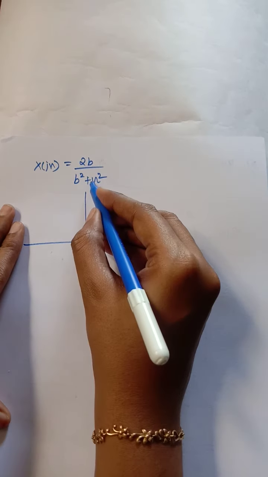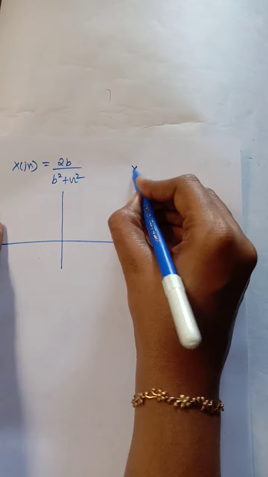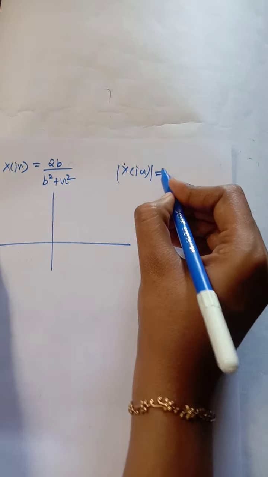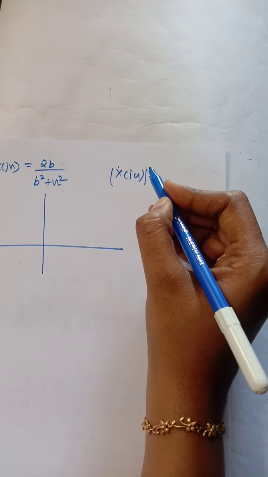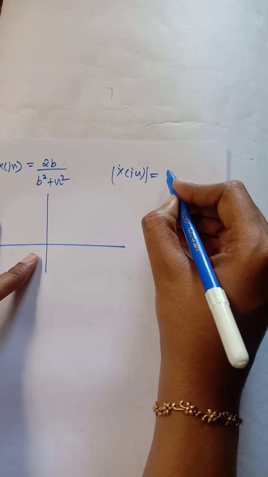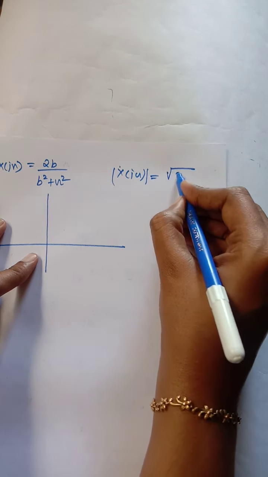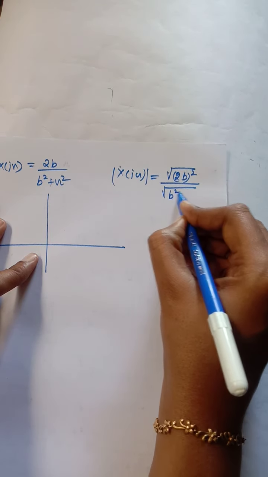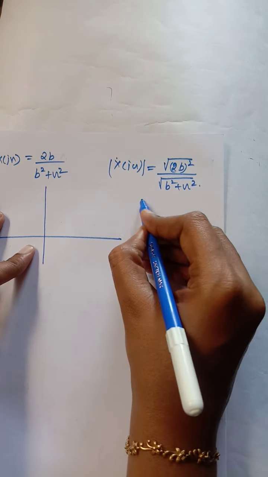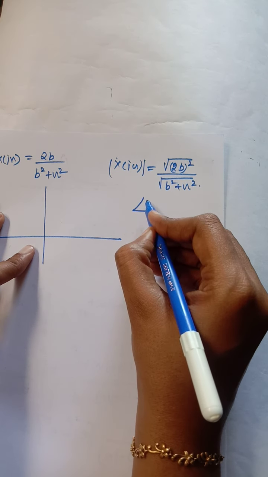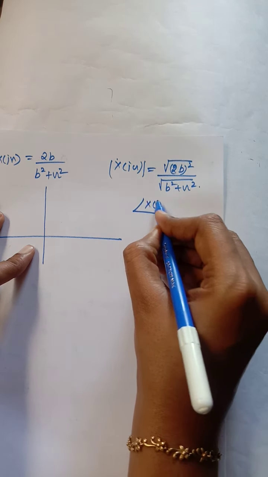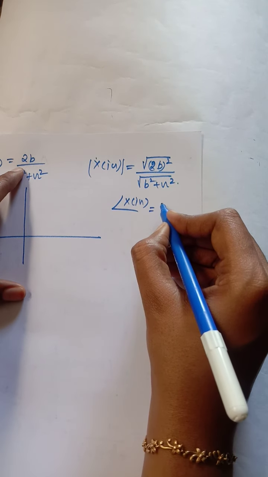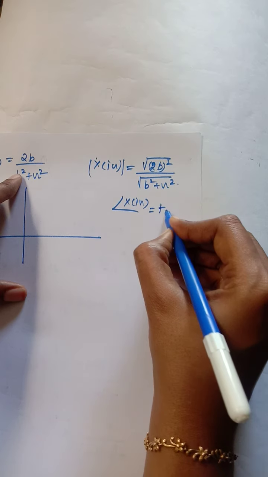So when you substitute omega is equal to 0, we need to find the magnitude part. So the magnitude is root of 2b the whole square divided by root of b square plus omega square. Similarly you need to find out the angle of X of j omega. Here you are having two parts, so if it is a division, the angle should be subtracted.